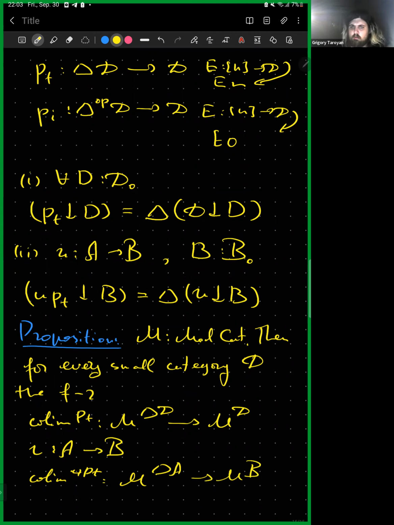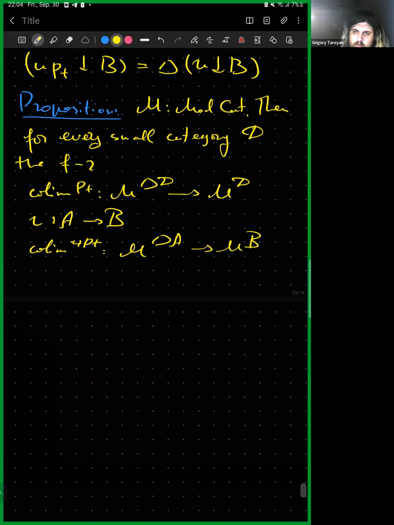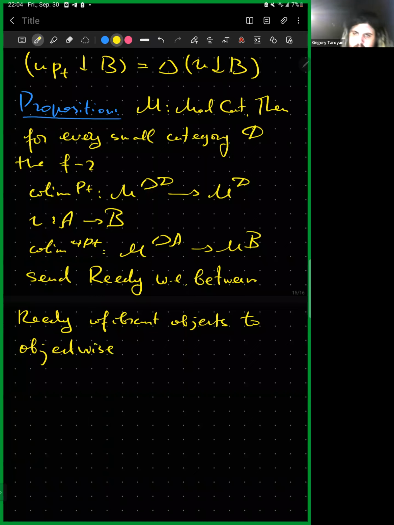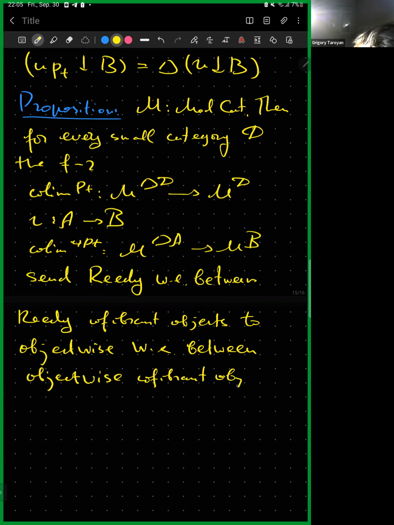So these functors send objectwise weak equivalences between objectwise cofibrant diagrams to objectwise weak equivalences between objectwise cofibrant diagrams.